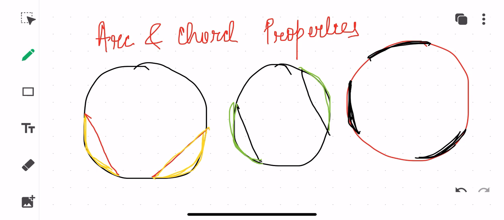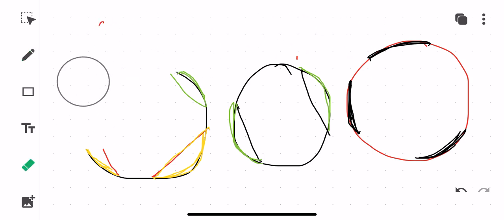So these are the two important properties: if the length of the arc is the same, then the length of the chords they are subtending is the same. And the next one is, if the length of the chord is the same, then the length of the arc is also going to be the same. This is the converse of the statement. So this is the first property that you need to remember, children.